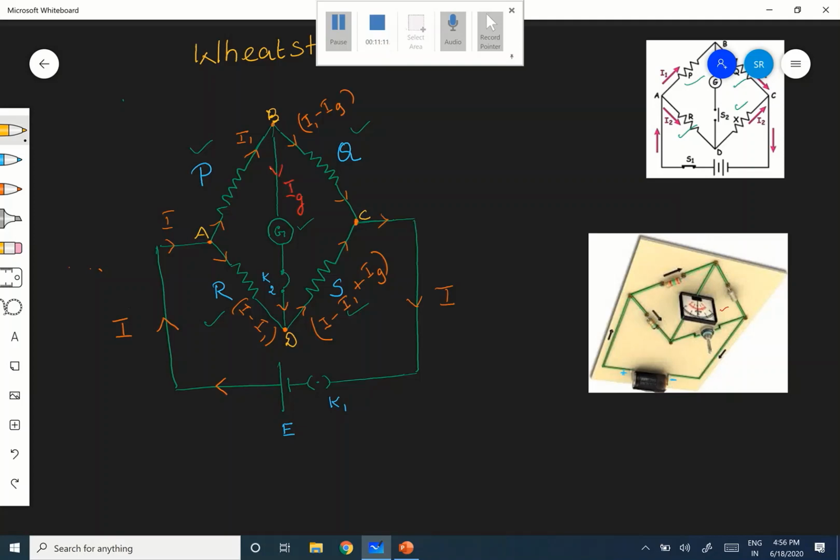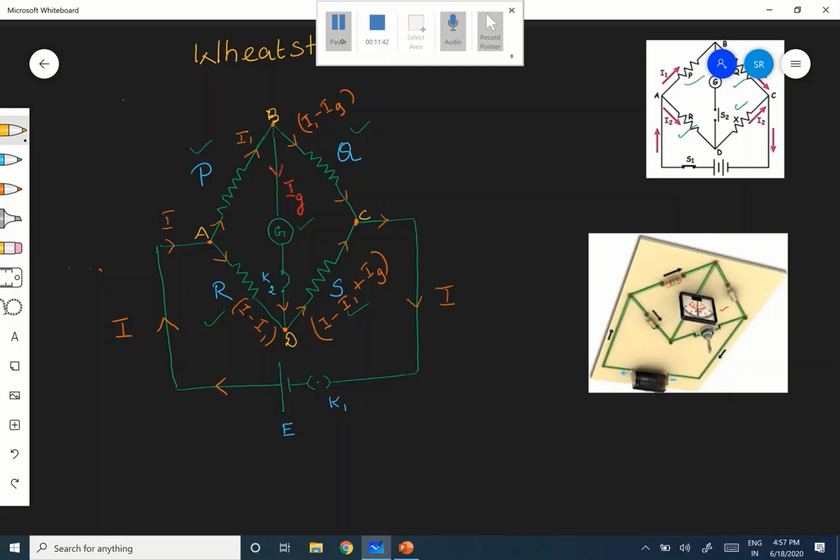We have to bring the bridge to a balance. How? By adjusting the resistors P, Q, R and S such that the galvanometer shows zero deflection, that is null deflection, so that no current is passing through the galvanometer.